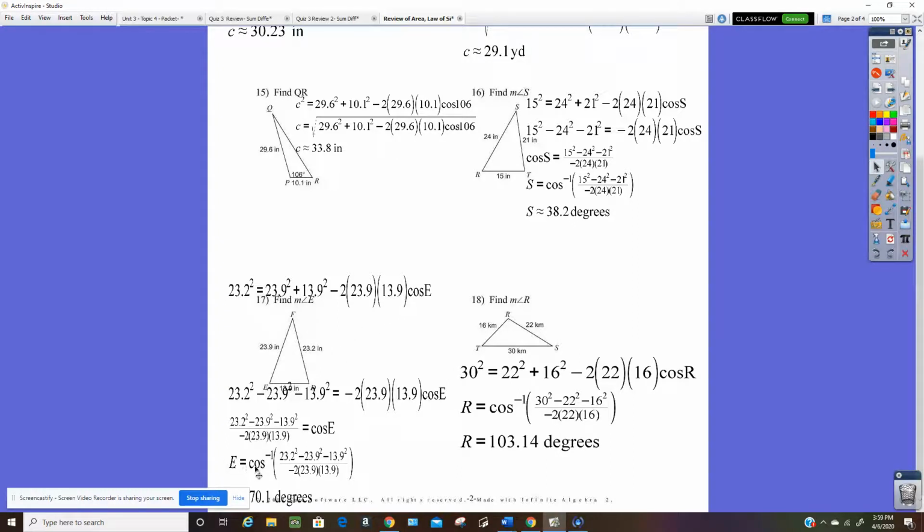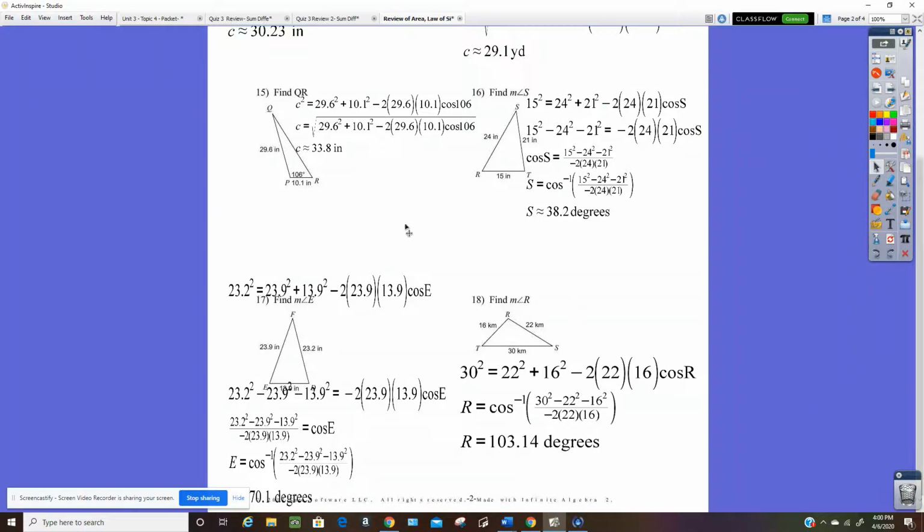So E is going to be inverse cosine of 23.2 squared minus 23.9 squared minus 13.9 squared divided by negative 2 times 23.9 times 13.9, which is 70.1 degrees. And then 18, I skipped a few steps there, so I just went from here to here, an inverse cosine of this ratio, and you get 103.14 degrees.